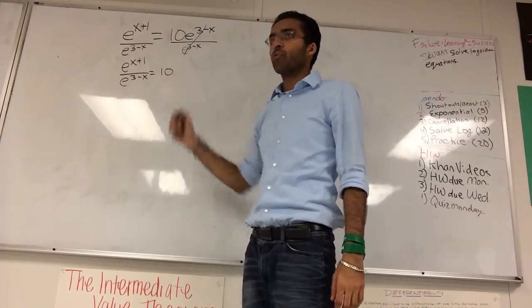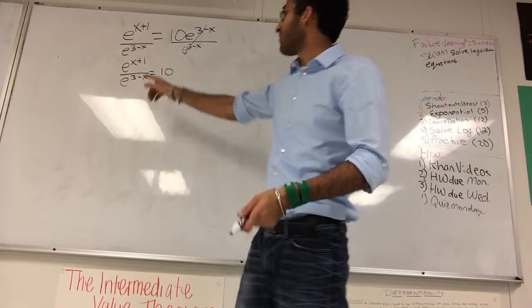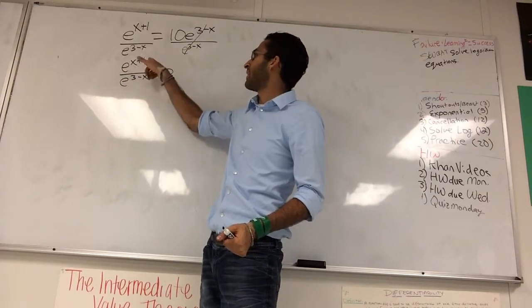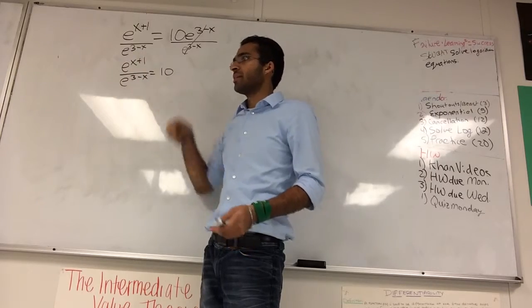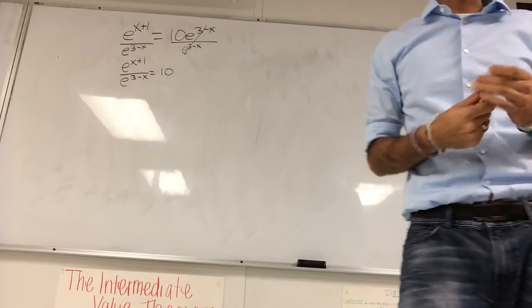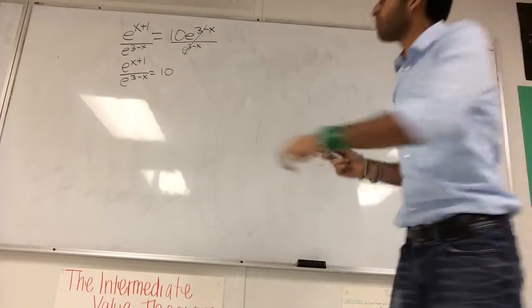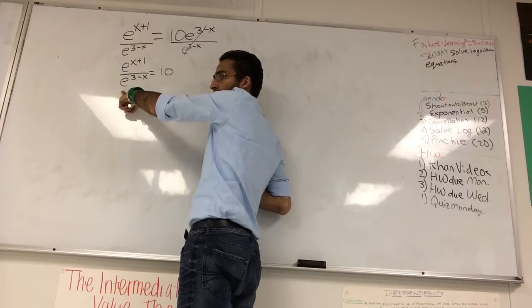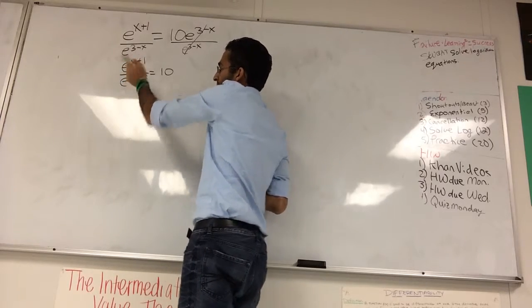Now, we have our exponent rule. We talked about it on Monday. If the bases are the same and I'm dividing, I subtract exponents. The bases here are the same. e is a number, 2.71. Bases are the same. Dividing, let me subtract.